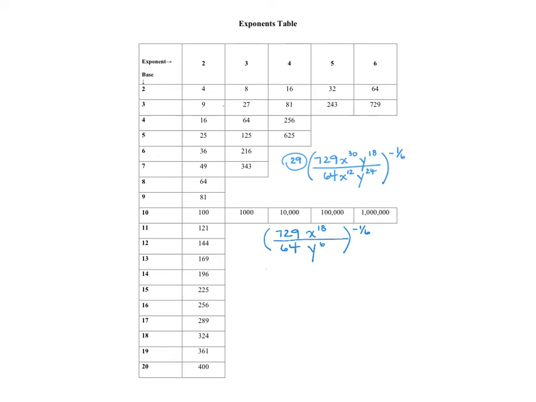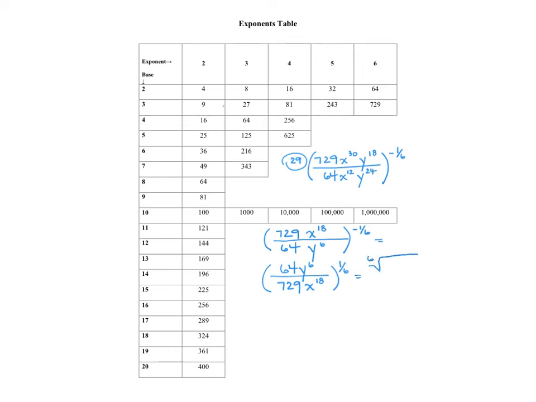Raised to the negative 1/6 power basically says that everything's going to change its location, so I'm going to put everything in the denominator in the numerator, and everything in the numerator in the denominator, and make the power positive. Raised to the 1/6 power says I can take the 6th root of everything.